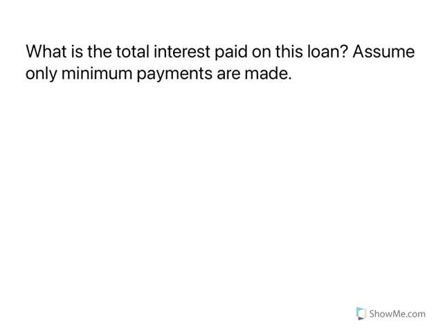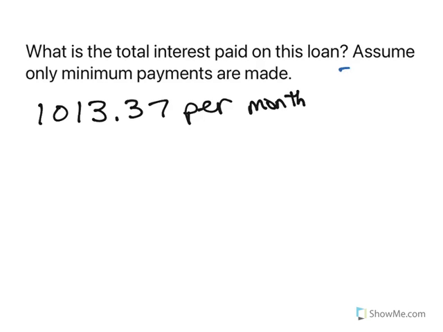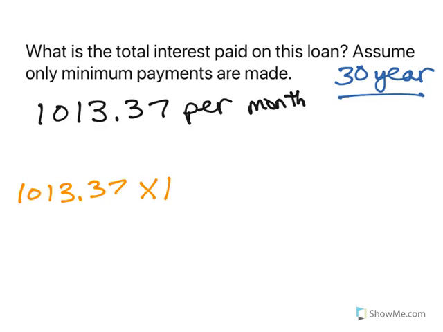Now, what is the total interest paid on this loan? Assume only minimum payments are made. So if I'm paying $1,013.37 per month, remember, 30-year loan, I'm making this payment 12 times a year, and I'm doing that for 30 years.